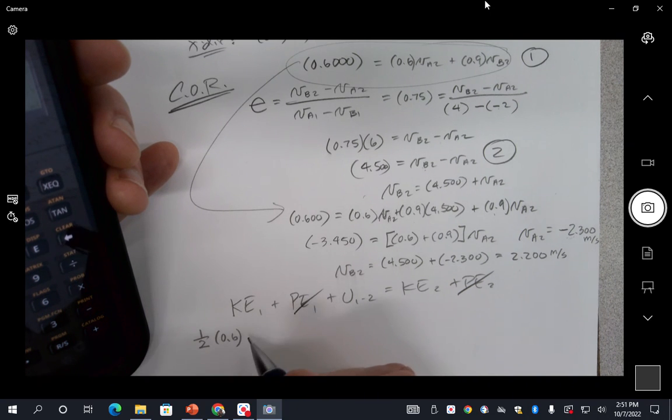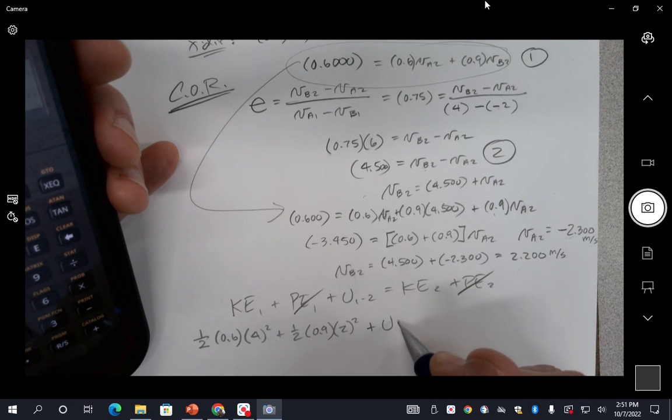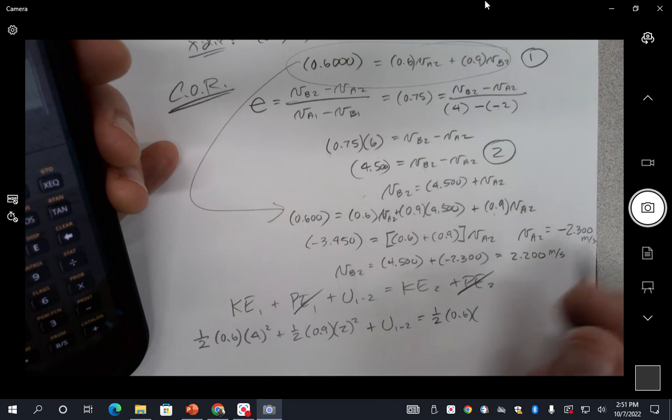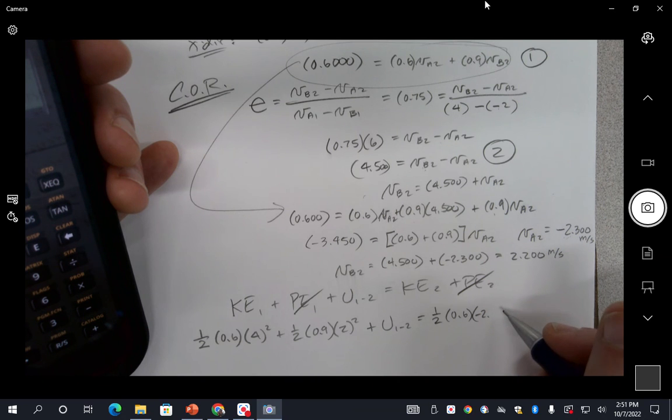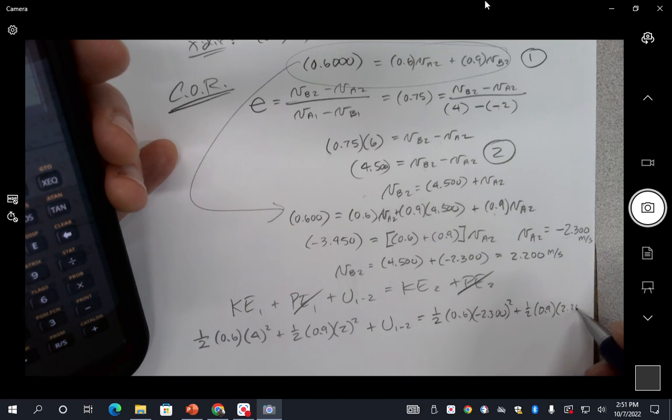So 1/2 times 0.6 times 4 squared plus 1/2 times 0.9 times 2 squared, plus the work from 1 to 2, which is actually what we're trying to find. And then we have 1/2 times 0.6 times 2.300 squared, it's negative, so we don't even have to put the negative in there, plus 1/2 times 0.9 times 2.200 squared.